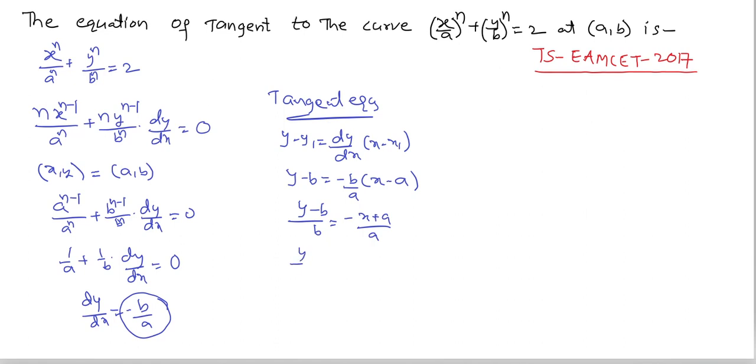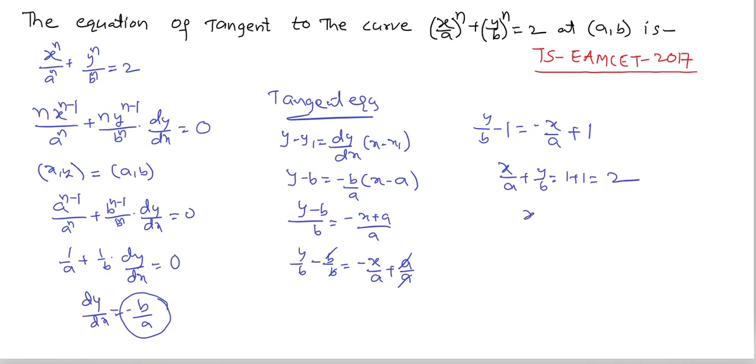That is y by b minus b by b is equal to minus x by a plus a by a. Here a cancels, b cancels. That is y by b minus 1 is equal to minus x by a plus 1. So x by a plus y by b is equal to 1 plus 1, that is equal to 2. The equation of the tangent is x by a plus y by b is equal to 2. This is the answer.